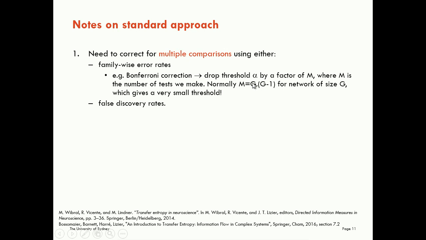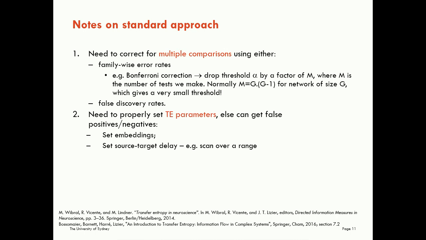So we have to drop our statistical threshold by a very large factor. Okay, that is a quite tough correction to beat. We need to bear that in mind, and we'll talk later in our next session about some potential other ways to address that. But importantly, we do need to think about how we correct for multiple comparisons here.